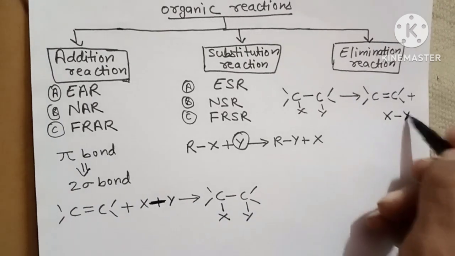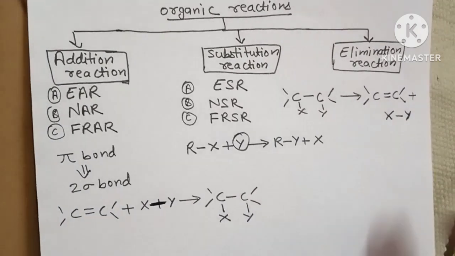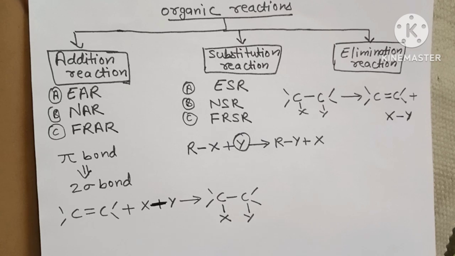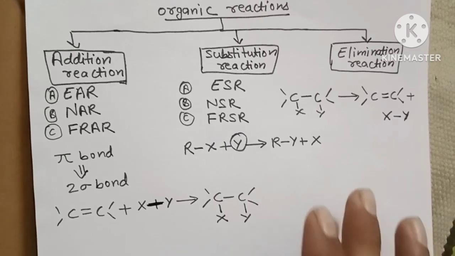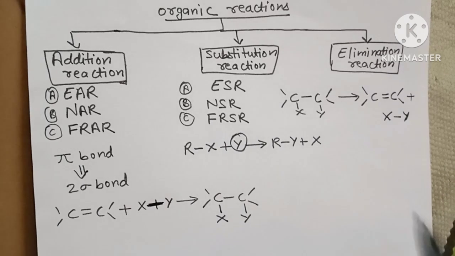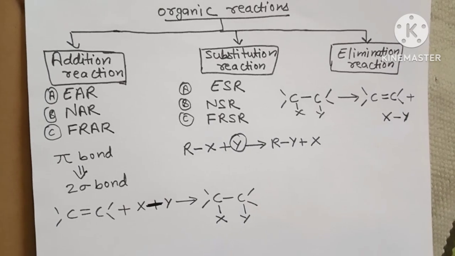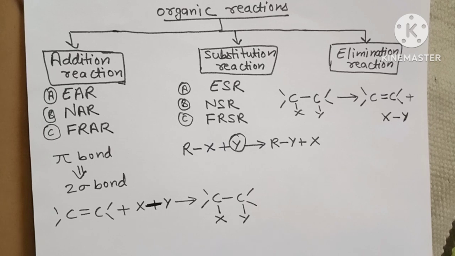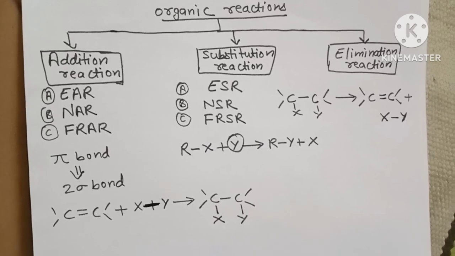X and Y is the outer product, and this alkene is the main product which is formed. So till now we have understood what happens in different reactions and how these reactions will proceed.